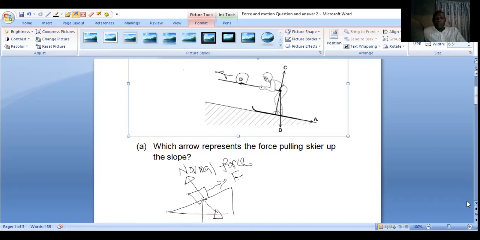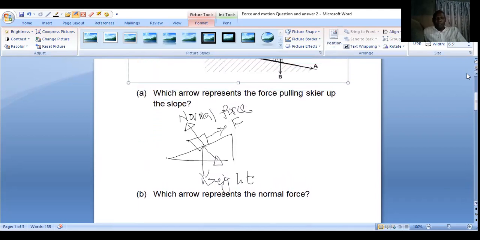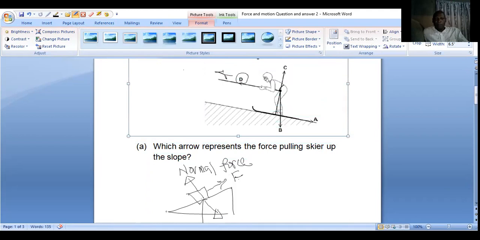Number two, which arrow represents the normal force? As I've indicated, the normal force is always perpendicular to the plane. So here is our object. We have the weight.